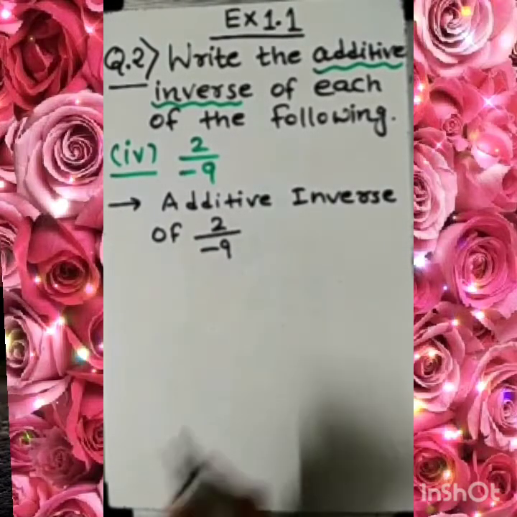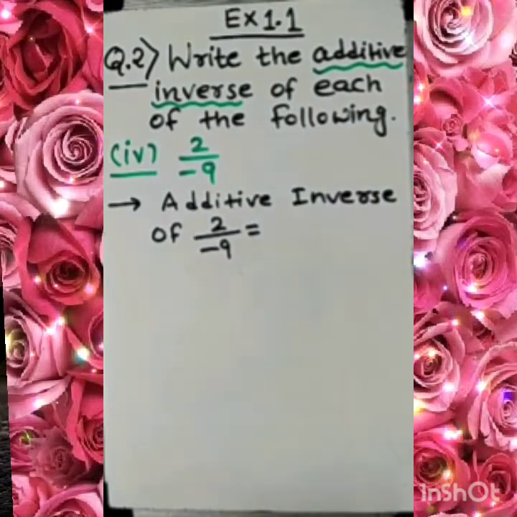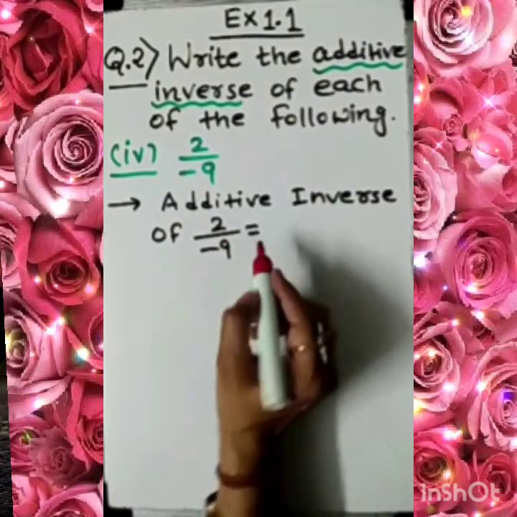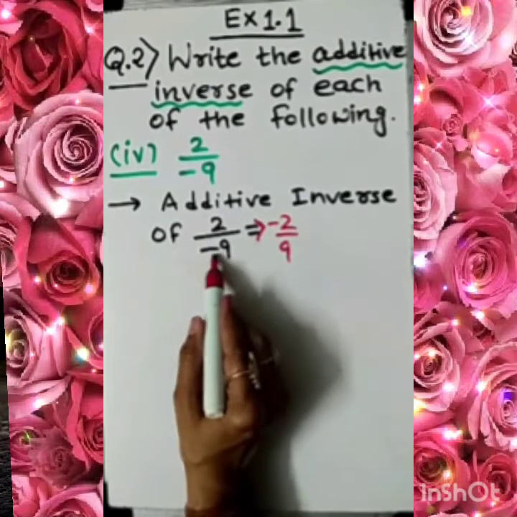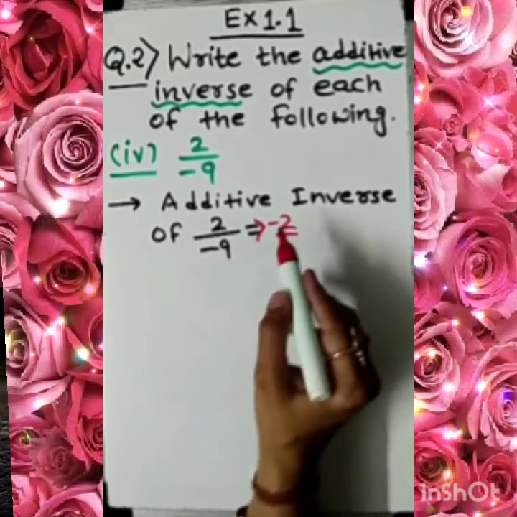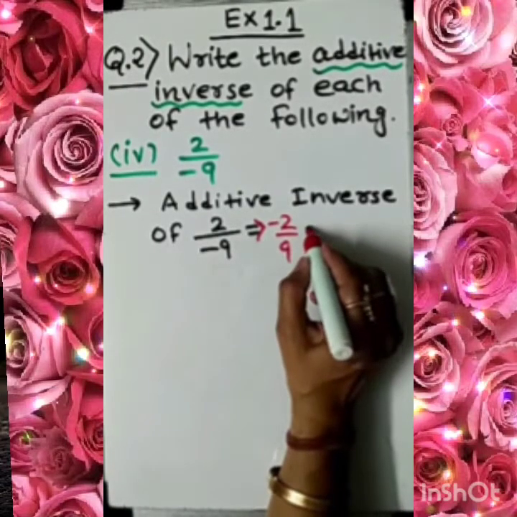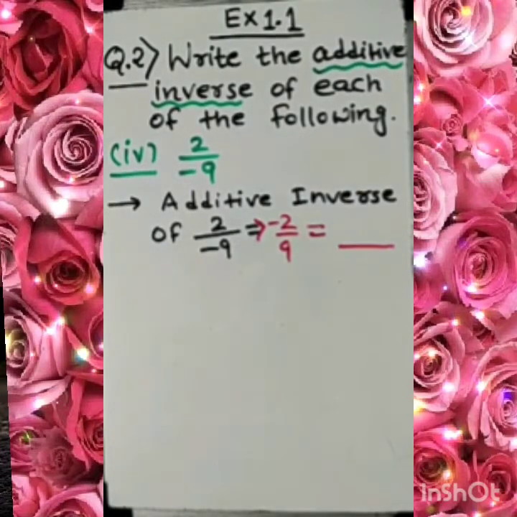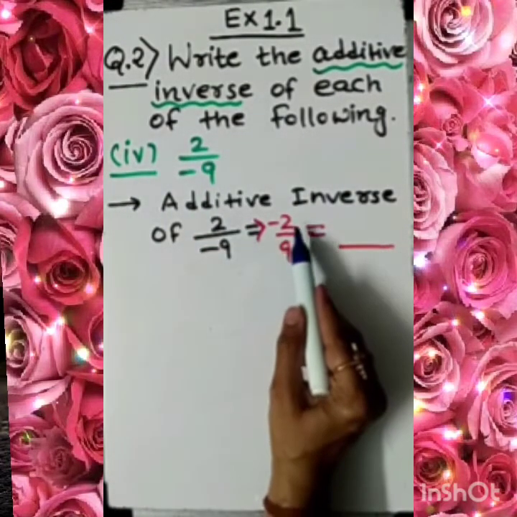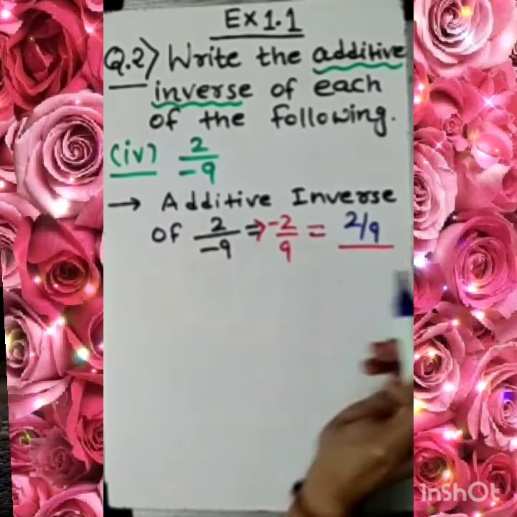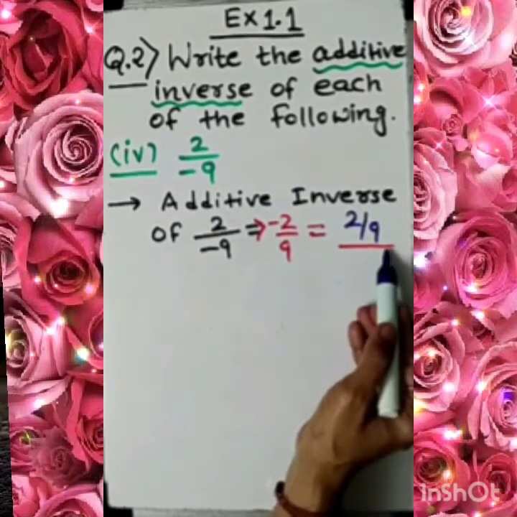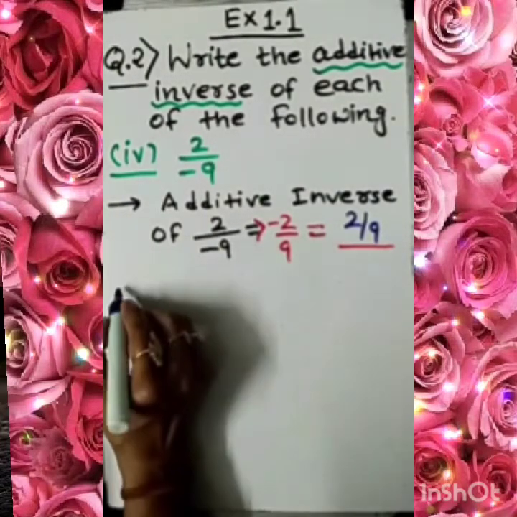So dear students, 2 upon minus 9 can be written as minus 2 upon 9, because whenever minus is in the denominator, we can consider it in the numerator. So now the number is minus 2 by 9. Its additive inverse will be the positive number, since this is a negative number. Clear to you?